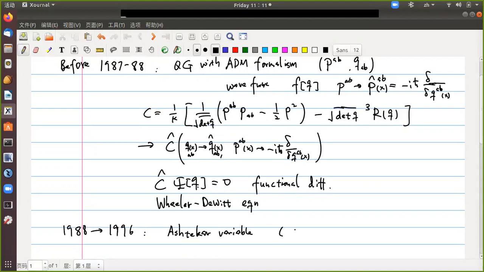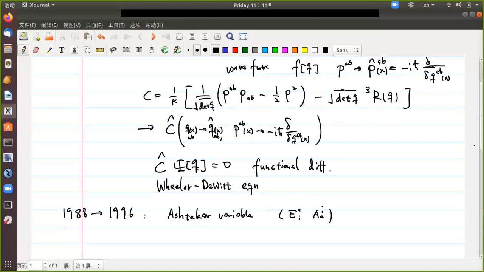And you have the canonical variables E^a_i and A^i_a. Now we have holonomy and flux and all the quantization procedure I just discussed. You have the Hilbert space, and your wave function is a function of holonomies.